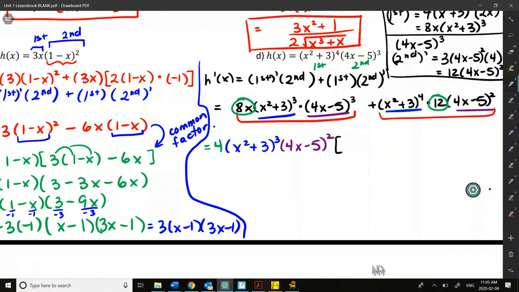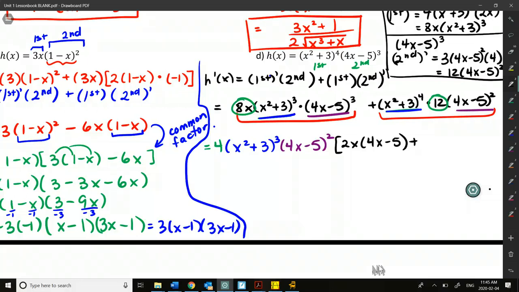So if I divide out a 4 from 8x, I'm left with 2x there. I've taken out all of the x squared plus 3s in that term, and I've taken out 2 out of the 3 here, so I'm just left with 1 in that first term. What about the 2?